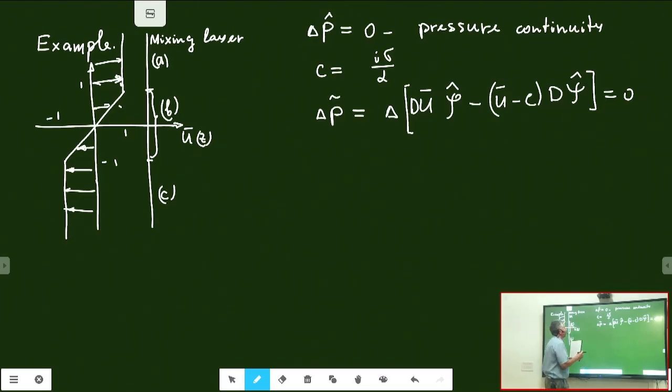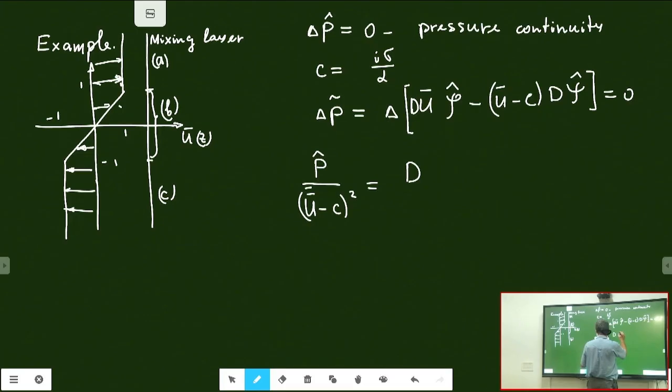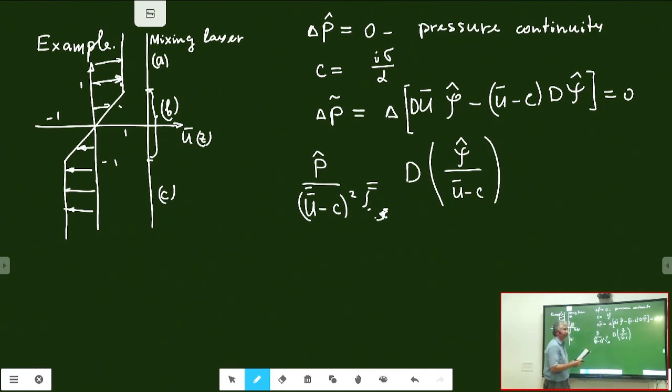How about if I say that P over U minus C U bar squared is equal to d of, where d means derivative, d by dz.